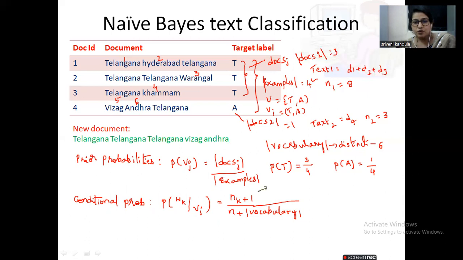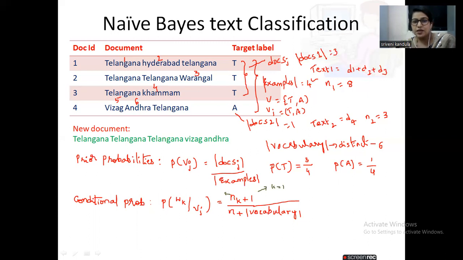As of now, let us take it as the Laplace smoothing value, with k equals 1. And here Nk indicates, once again, the number of times a particular token is repeated in that particular text.